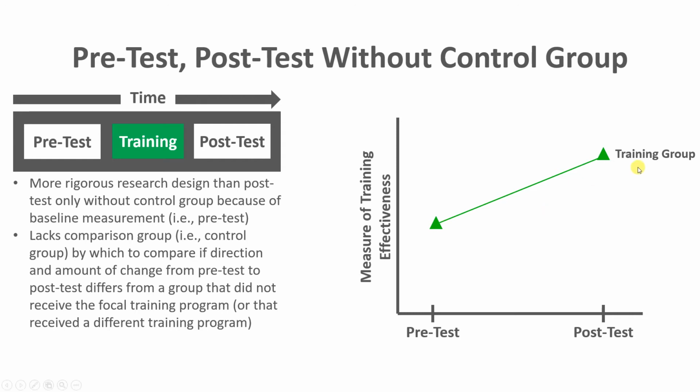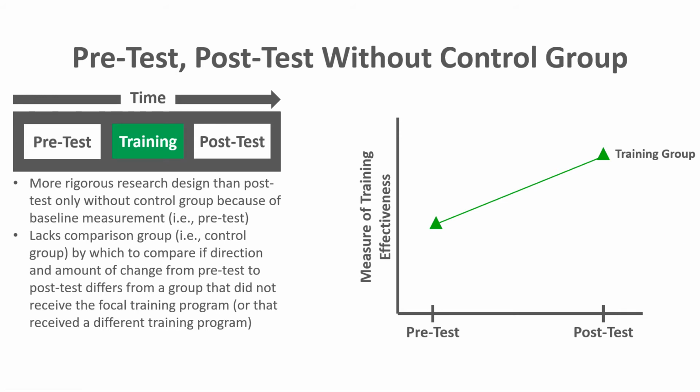Let's imagine that this training program, more specifically, is an onboarding program to help socialize new employees into the organization, to improve their role clarity, their self-efficacy, and their feelings of acceptance into the organization. If you think about this onboarding program maybe lasting 6 weeks, you might not actually know with this type of design if people were actually learning anything from the formal onboarding training, or if they were just learning from working the job and meeting people and networking outside of the onboarding training.